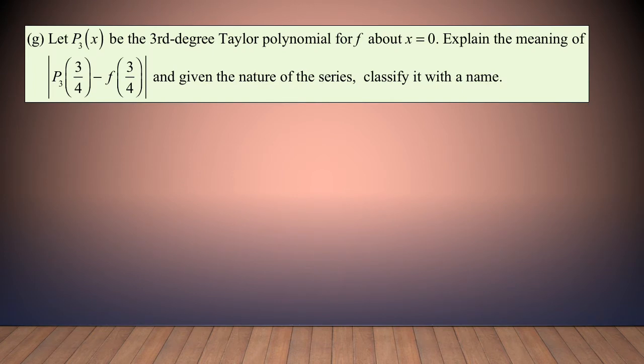Part G reads, let P3 of x be the third degree Taylor polynomial for f about x equals 0. Explain the meaning of the absolute value of P3 of 3/4 minus f of 3/4, and given the nature of the series, classify it with a name.